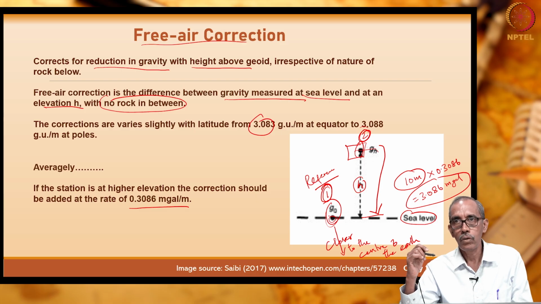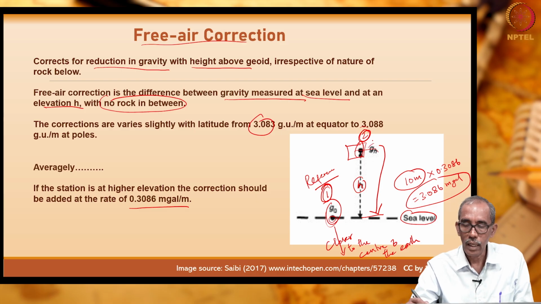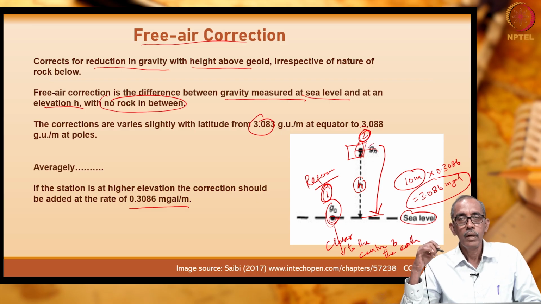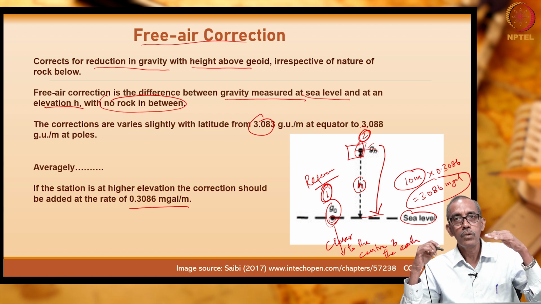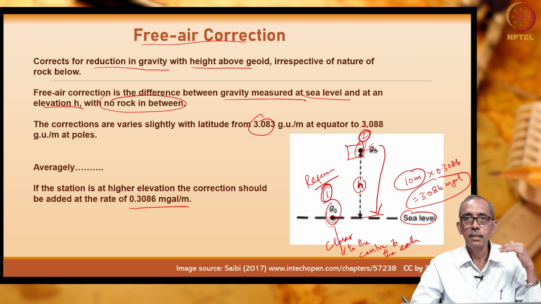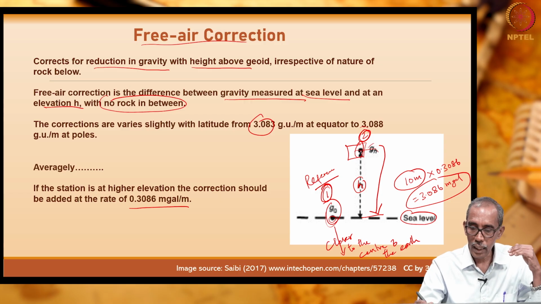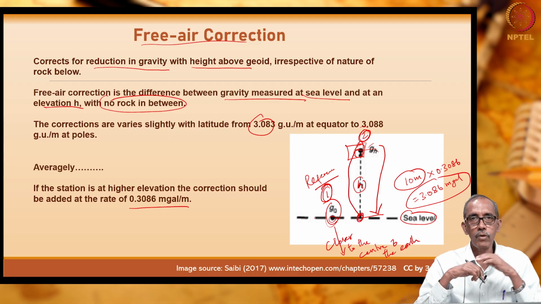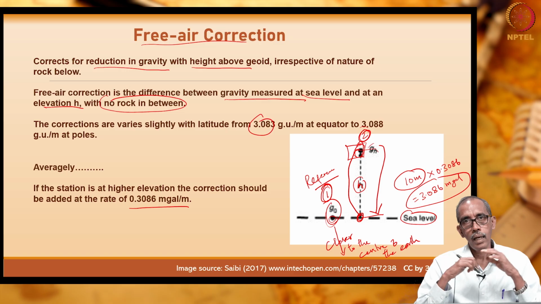So, what we will do? The reading which we have obtained for station number 2 will be reduced by 3.086. By doing so, what have we done? Though station number 2 is 10 meters above, we brought that station to the same level as that of location 1. I am sure it is clear to you now. This is what is known as free air correction.